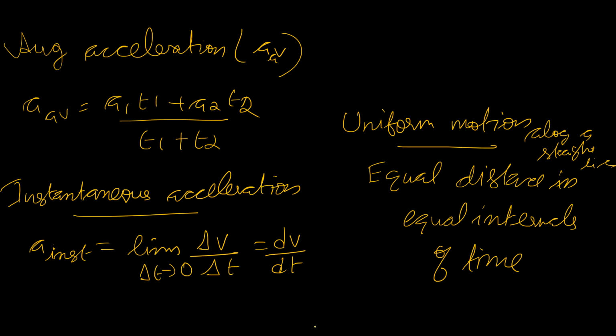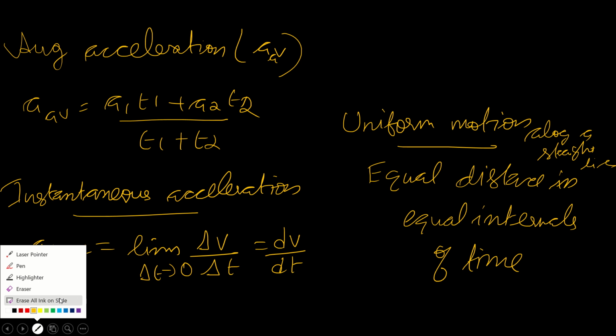Now we are going to know about the different graphs of motion, the displacement time graph for different motion. There are a lot of graphs for that. Okay. Now let's continue.